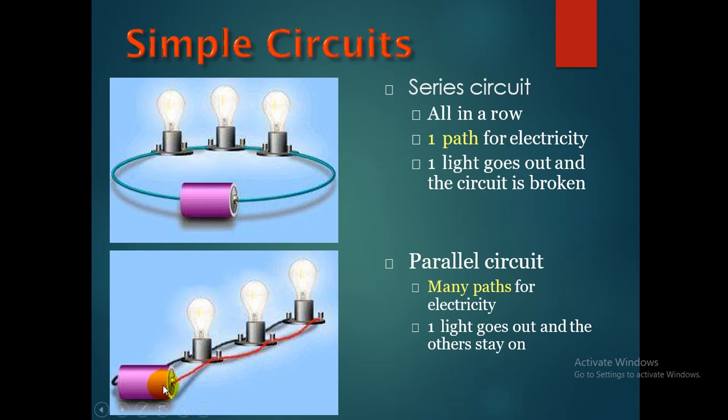Here the KCL is applied to the parallel circuit. The total current, let us say 10 amp, is supplied to the circuit. This 10 amp current is divided into I1, I2, I3 for the three bulbs which we connected here in parallel manner. Suppose these three are identical bulbs, then the current is divided into three parts equally, and they share the current equally.